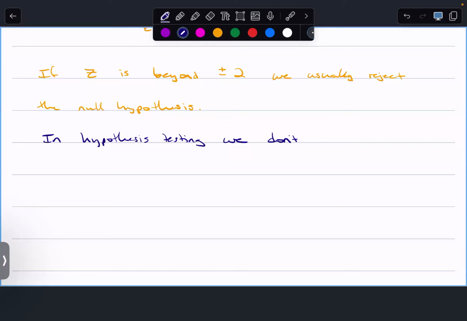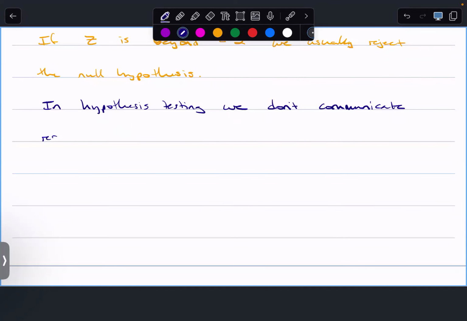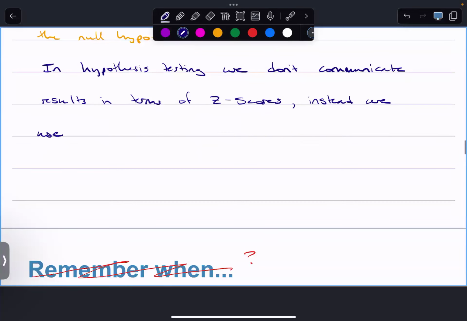You can't make them learn about Z scores and stuff. Okay. And so in hypothesis testing, we don't communicate results in terms of Z scores, even though we could, right? Technically, they're there. Instead, we use probabilities.